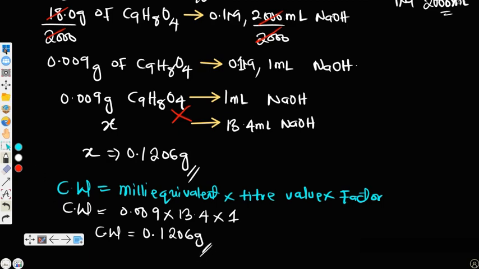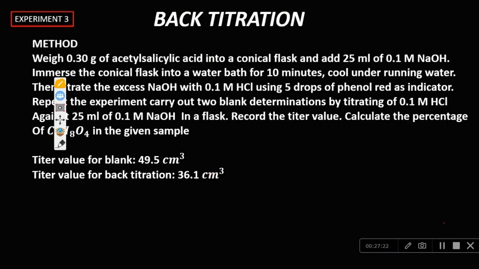Now come back to this and read again. Weigh 0.3 gram of acetylsalicylic acid, which is aspirin, into a conical flask and add 25 ml of 0.1 molar sodium hydroxide. Immerse the conical flask into a water bath for 10 minutes. Now this is what you actually titrated. The mass you titrated was 0.3 gram.